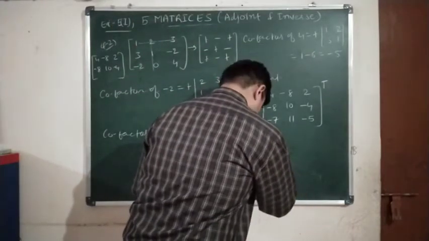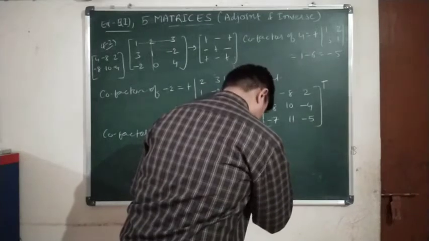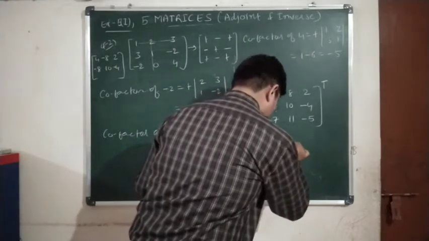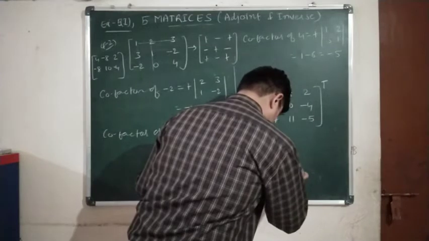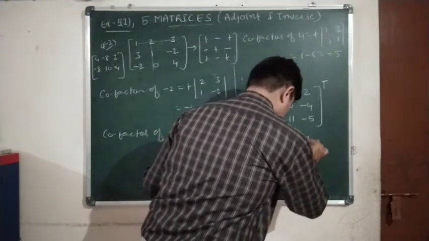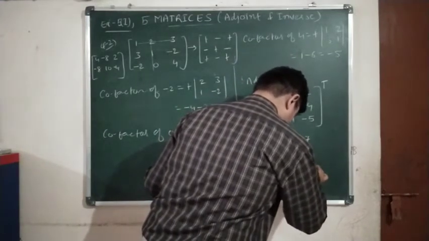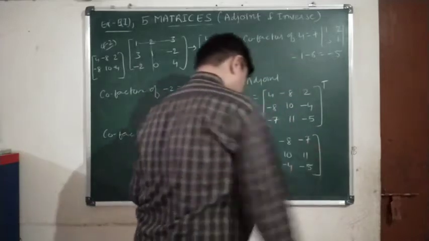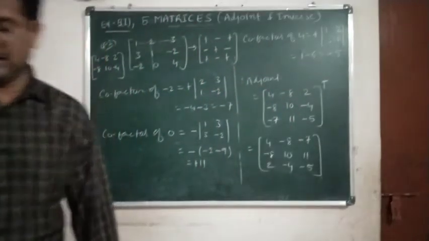Okay, so 4, minus 8, 2, minus 8, 10, minus 4, minus 7, 11, minus 5. Clear? So this is the answer.